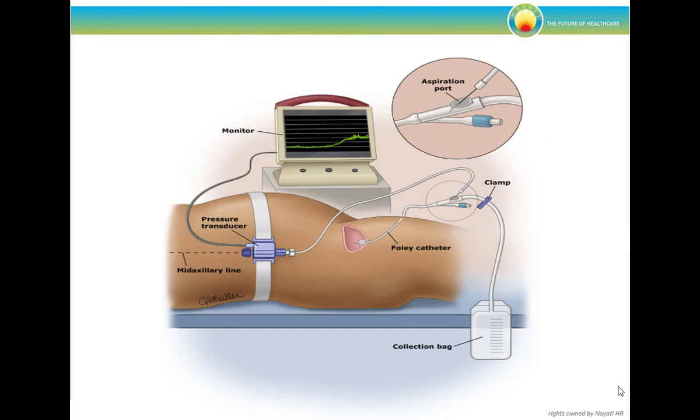You attach the pressure monitoring line to one of the ports through an 18 gauge needle, and you maintain a continuous fluid column. The principle is the same as for intra-arterial readings. You clamp the distal Foley bulb when measuring the intra-abdominal pressure, and the readings will look something like this.